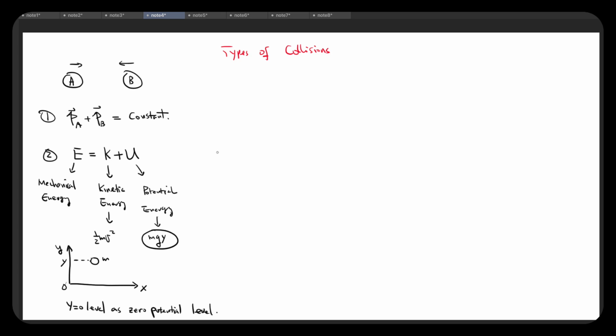Now, if before the collision we call this E initial, and it equals the final mechanical energy of the system, then we say this kind of collision is elastic collision. Now if part of the energy is lost, so E initial is greater than E final, then I'm going to say this kind of collision is inelastic collision.